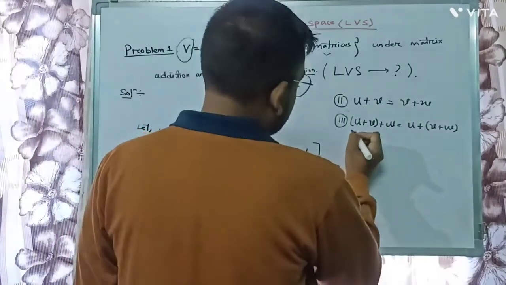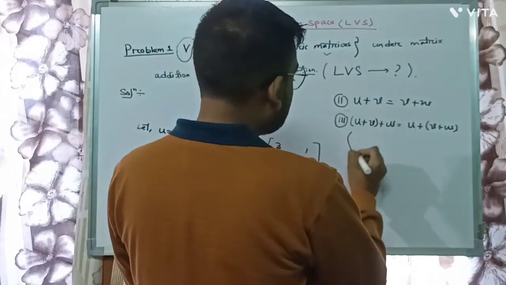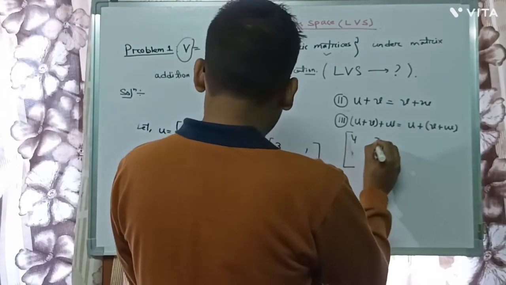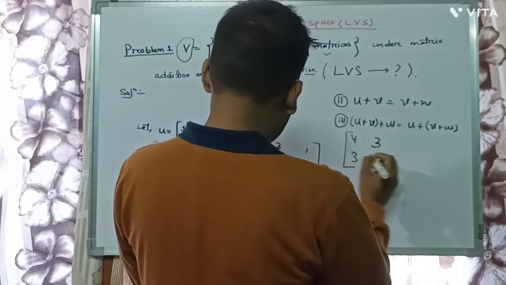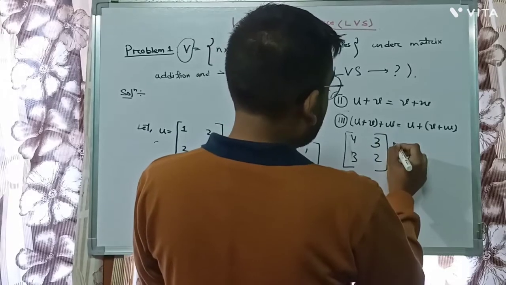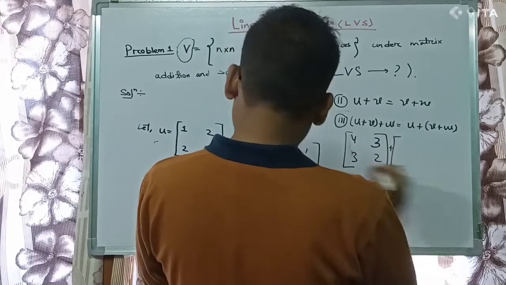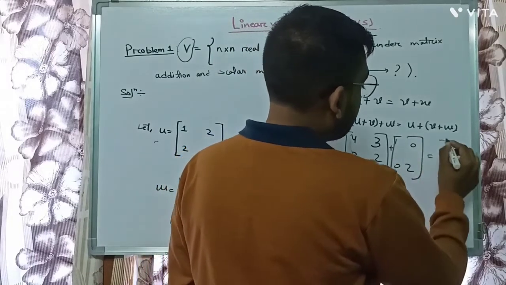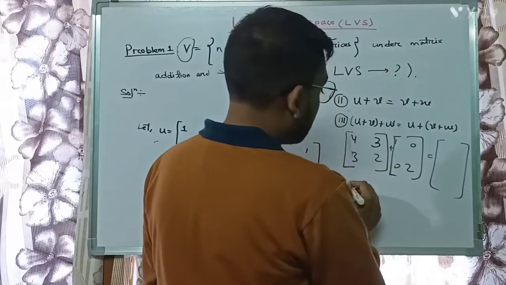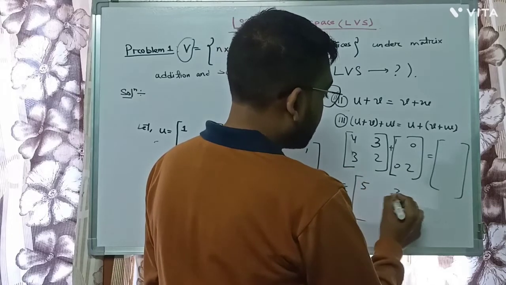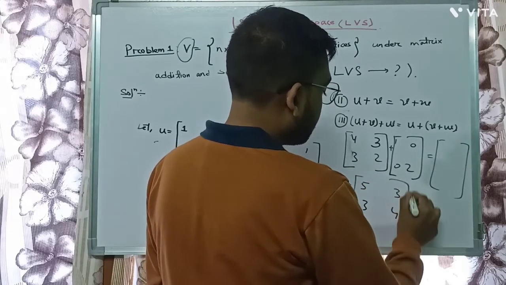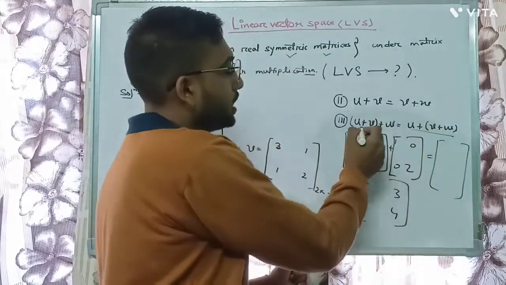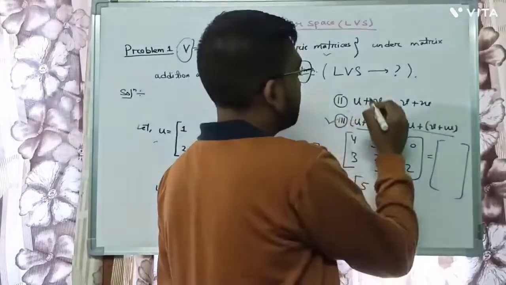So the addition of U and V results in a matrix 4 3, 3 2. The addition of this matrix with 1 0, 0 2 must be equal to 5 3, 3 4. You can check also this part. This must be equal to this part, so this property is also satisfied.